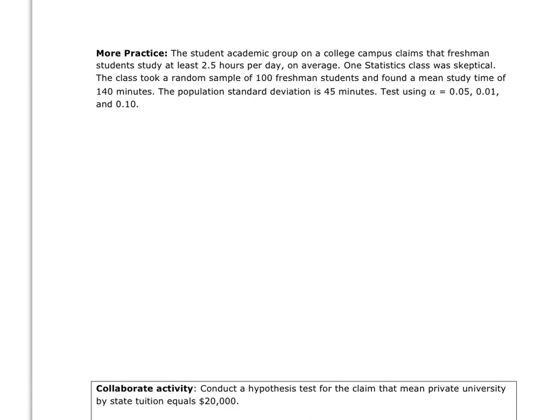So we're starting from the first step here in our hypothesis testing. So we need our null and alternate hypotheses, and we're testing about a mean, so we've got mu, and we are looking at this value of 2.5. So our null is equal to 2.5.